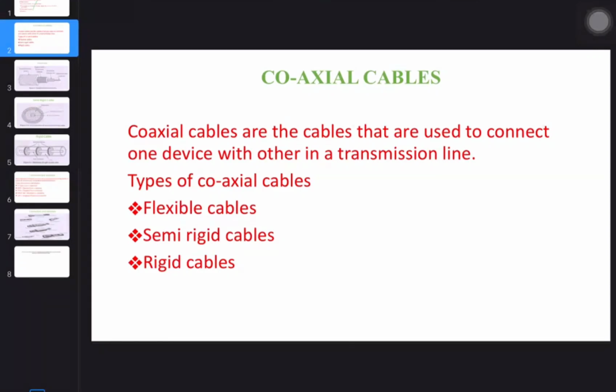If I want to list the active devices in your low frequency networks, they are the power supplies, the signal generator, and the CRO. And the passive devices, for example, are the resistor, the capacitor, and the inductor. All those I can call passive devices.